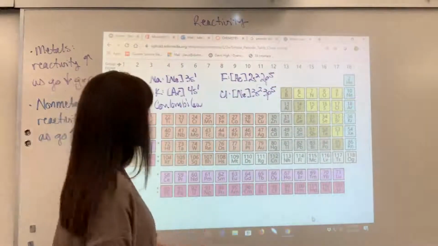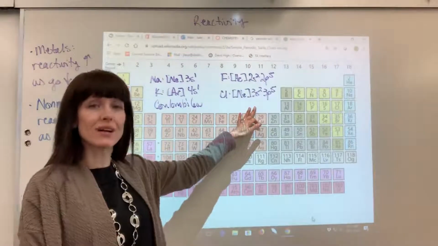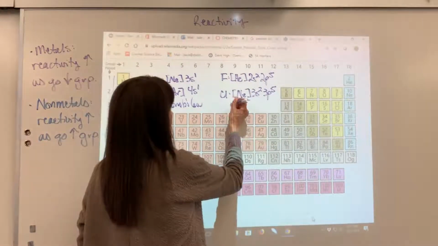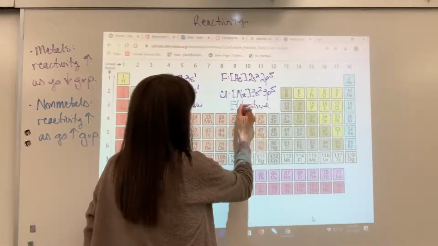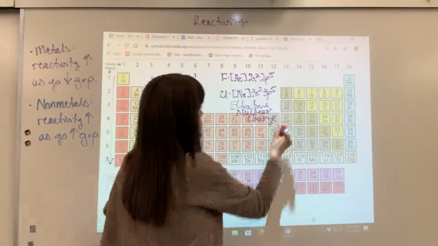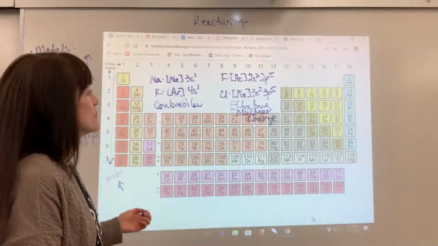Now, if we look over here at our anions, the nonmetals, they're gaining electrons. This is going to be justified by effective nuclear charge. Sorry to write over the periodic table. Effective nuclear charge.